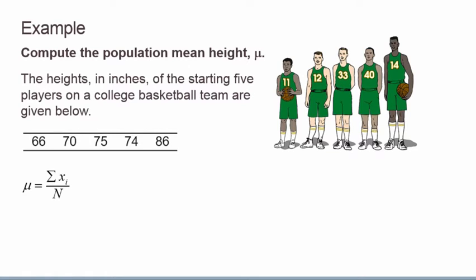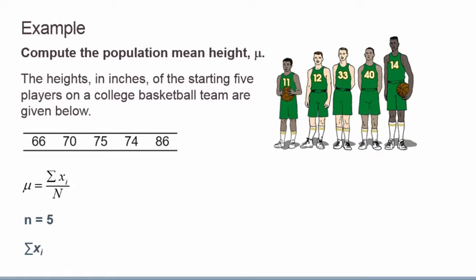The formula that we want to use is the sum of the data, x sub i, divided by n, which is the sample size. First, we want to find n and the sum of x sub i. N is my sample size, that is the number of pieces of data, which is 5.